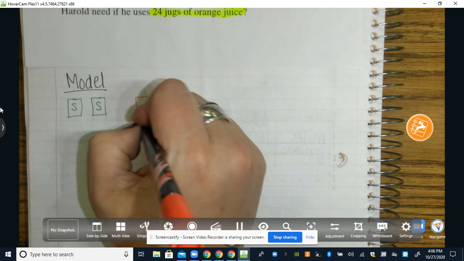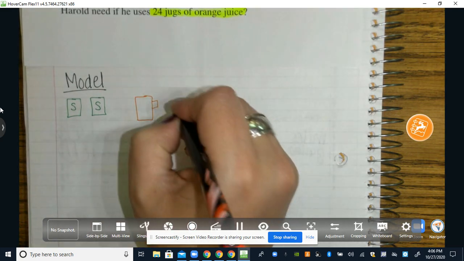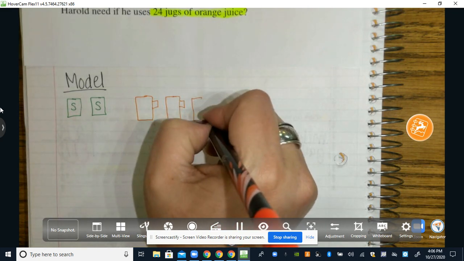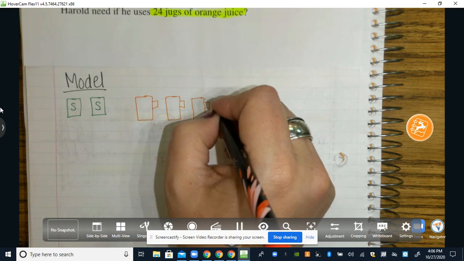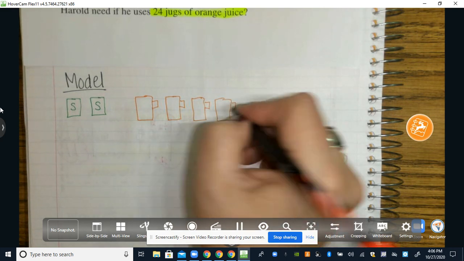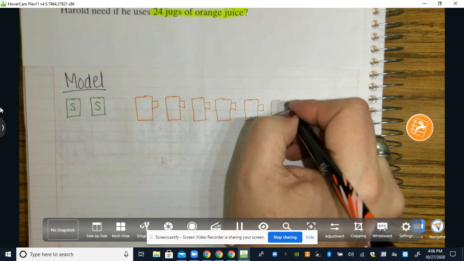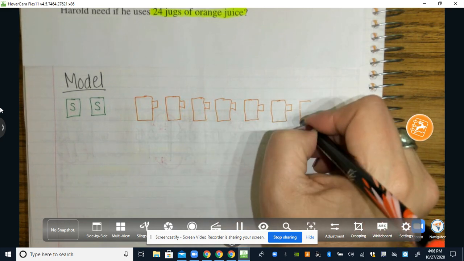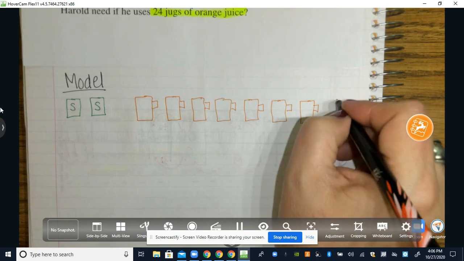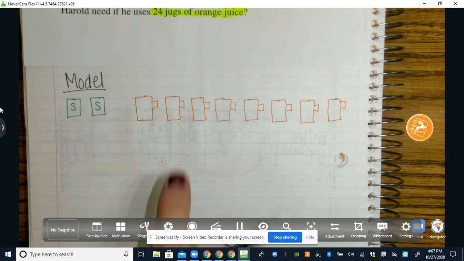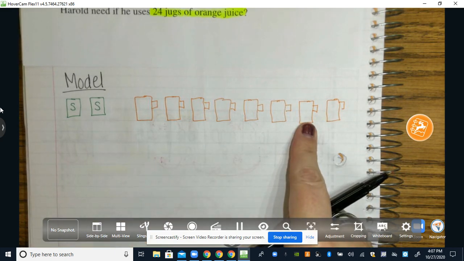So here's my jug, and I need to draw 8 of them. Okay, so there's 8. So I have 2 to 8.